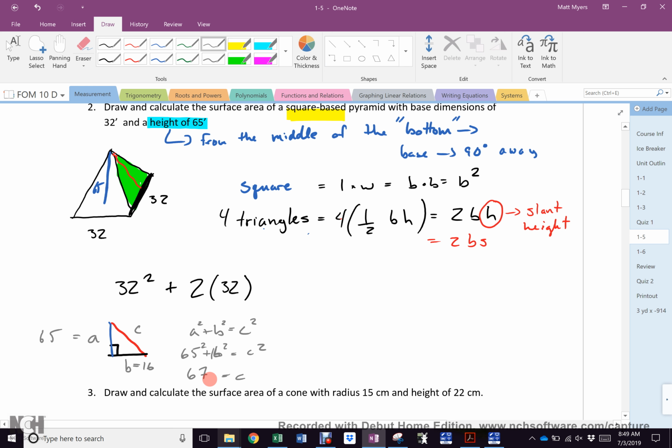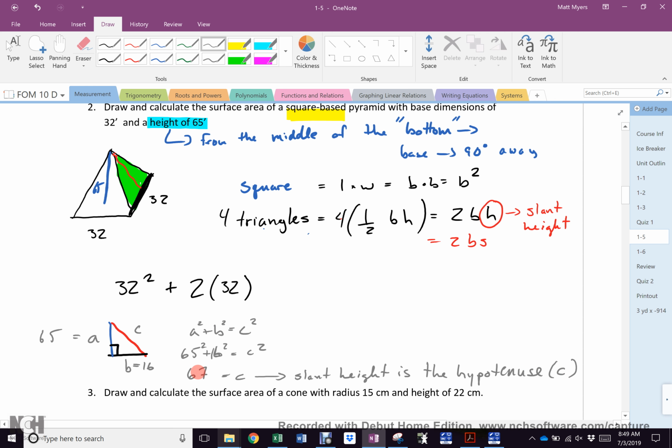Is everybody cool? Why did I show you this? Because the slant height is the hypotenuse, which is C in that formula.